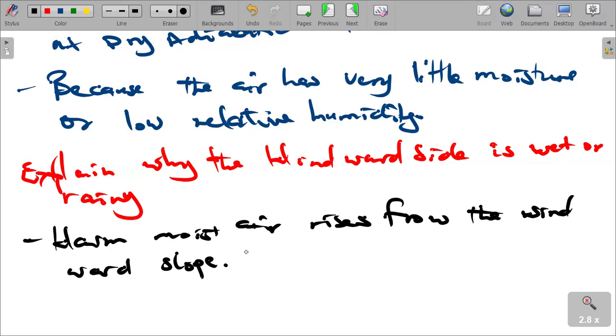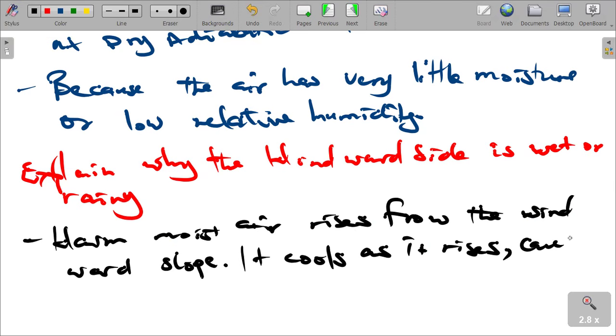I'm sure that you remember that warm moist air, as it rises, cools down, and then condensation occurs. Then there will be rain on the windward side. It cools as it rises, causing condensation.